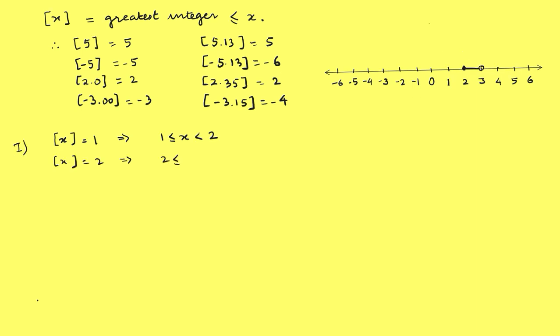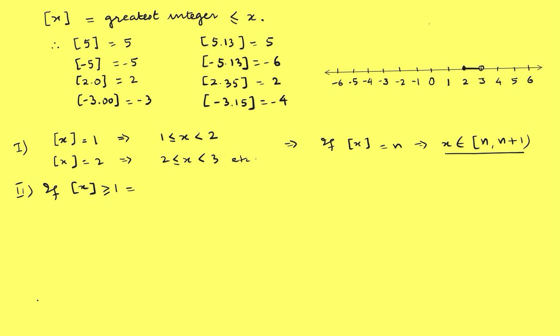Similarly, if greatest integer x is equal to 2 is given, then 2 less than or equal to x less than 3 is the answer. So we can see what will be the case if greatest integer x is equal to n in general. We can say that x will belong to the interval closed n comma n plus 1 open, right? That is n is less than or equal to x, which is less than n plus 1.